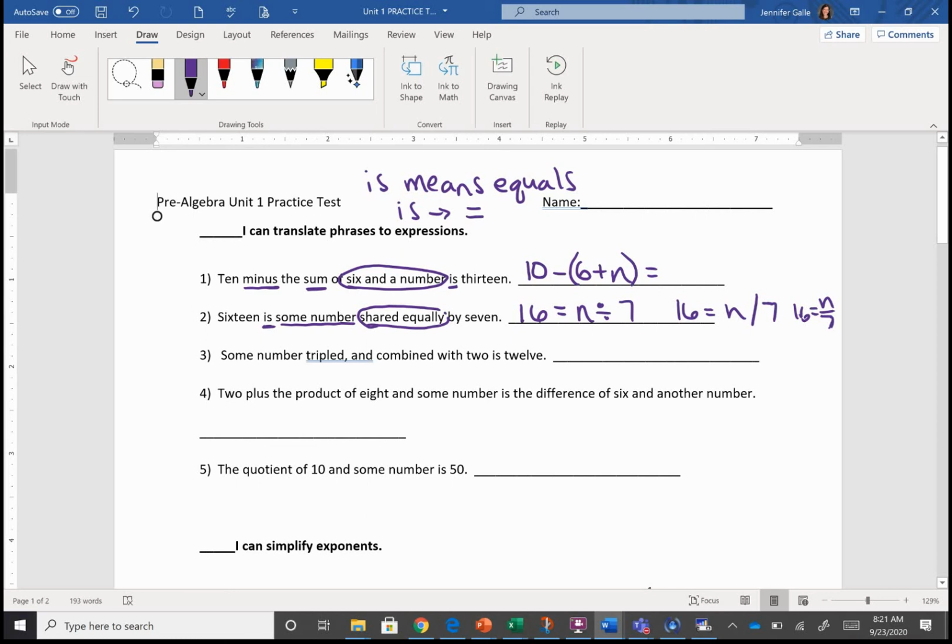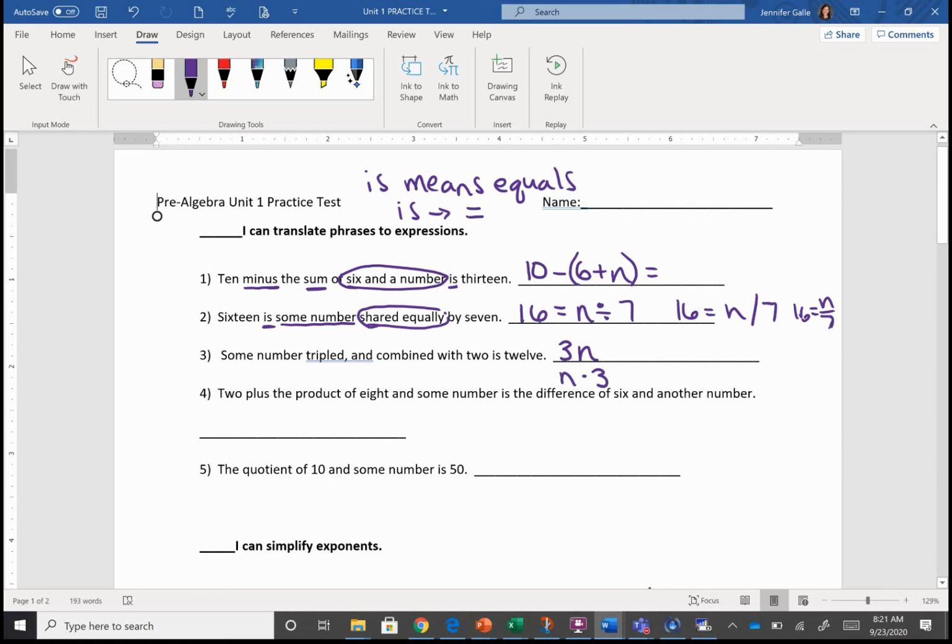I know a few of you did when we went through the section. So tripled, if I hit a triple, I get 3 bases. So you could do 3n. You could do n times 3, whatever you like. Either way is okay. If you put an X for your multiplication sign, that's okay too.